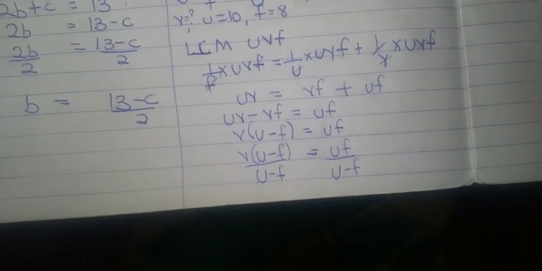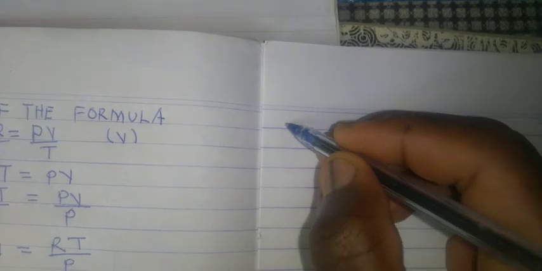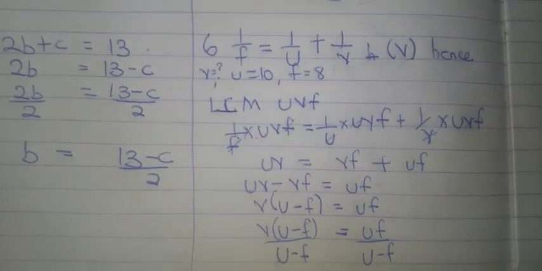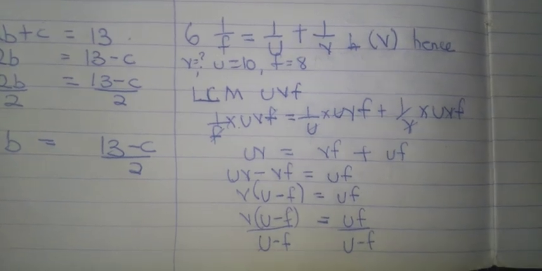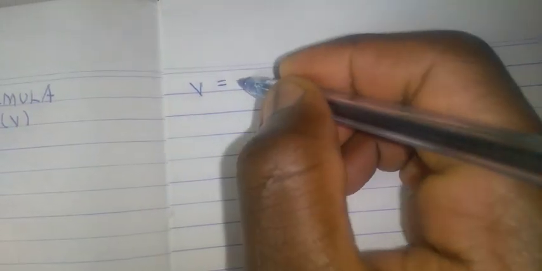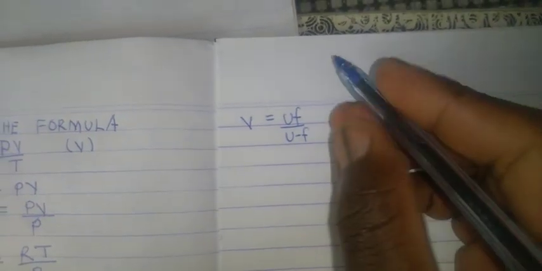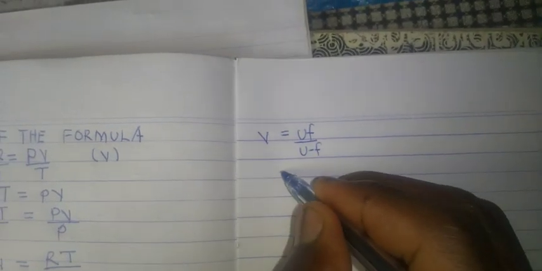We shall remain with V as the subject of the formula. So our V will equal UF over U minus F. They have told us to substitute in our U.